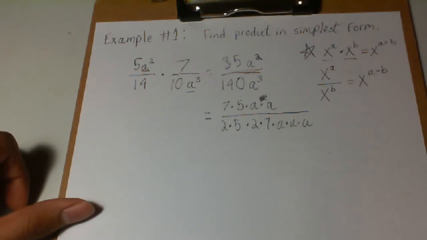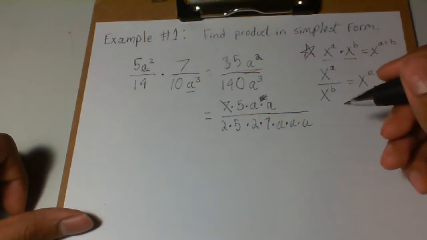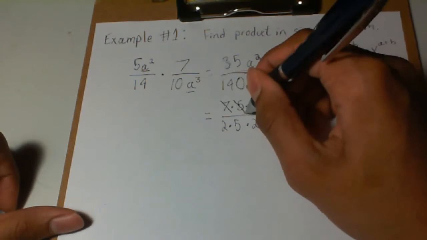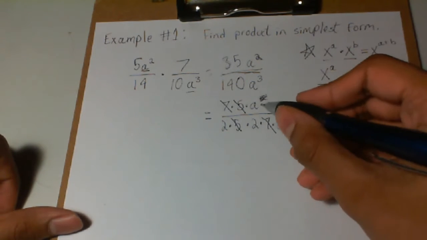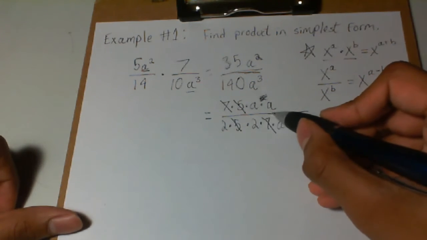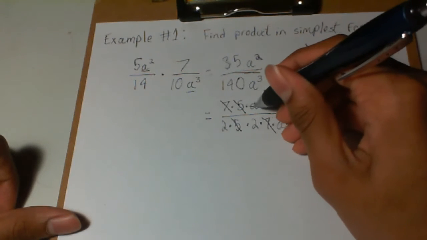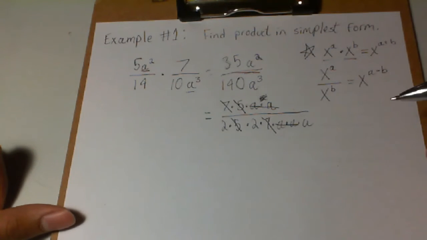And now we can start canceling all of the common factors. So we notice that there's a 7 there, right? So we can cancel out that 7. And then there's also a 5 here, so we can cancel out that 5. And if you look, there's also 2 a's here, and then there's 3 a's down here. So we can just cancel out those 2 a's and cancel out those 2 a's down here as well.